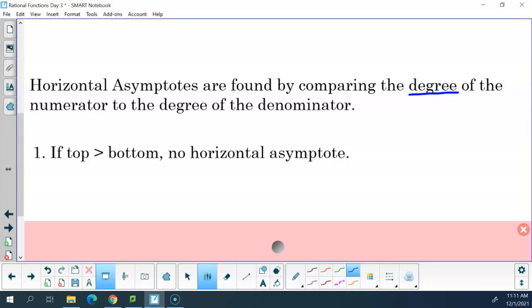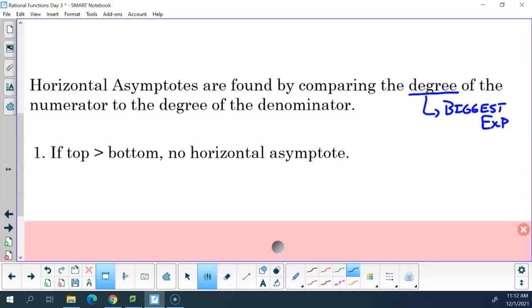We got the biggest exponent. Yep. So you're looking at the biggest exponent on the top. You're looking at the biggest exponent on the bottom. That's it. You're just going to compare the two.